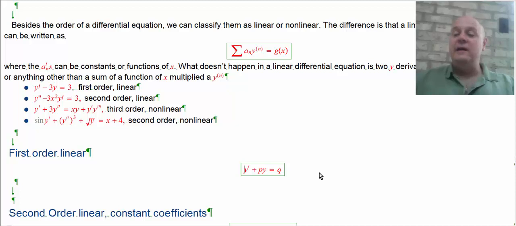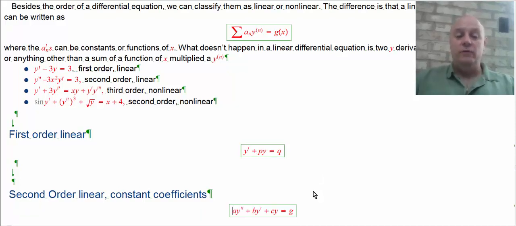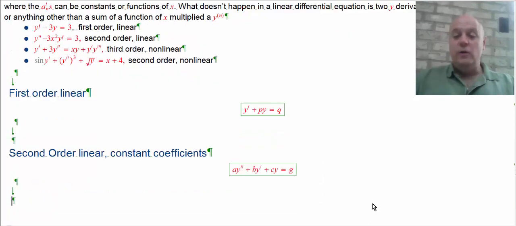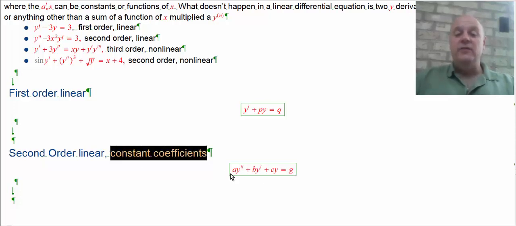We're going to learn a technique to solve all of those first order linear equations, and the first step is to put them into this form. We'll also study in later chapters second order linear constant coefficient differential equations, of the form a y double prime plus b y prime plus c y equals g. Constant coefficients means that the a, b, and c are all numbers.